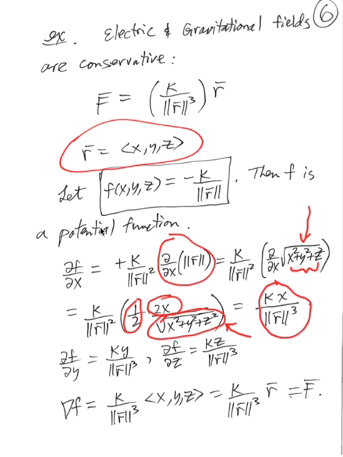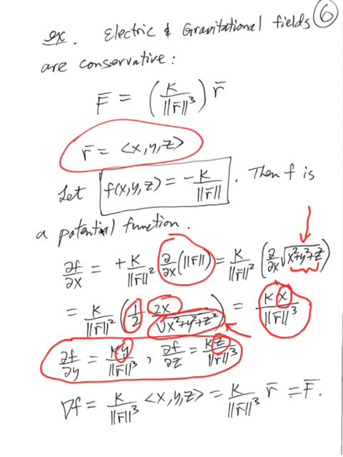And now you can see from the symmetry of the situation here what results you're going to get if you take the partial derivative with respect to y and z. It's going to be almost exactly the same thing, only in place of x, you're going to have what? Y and z respectively.